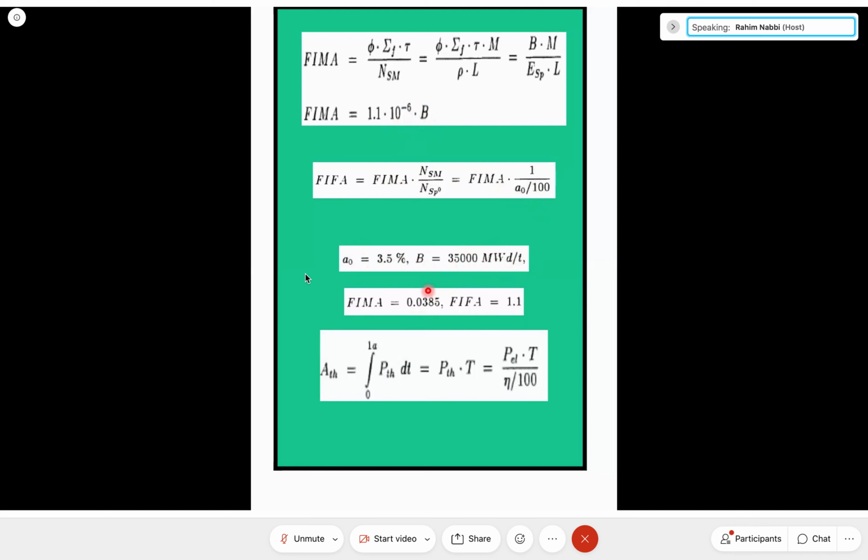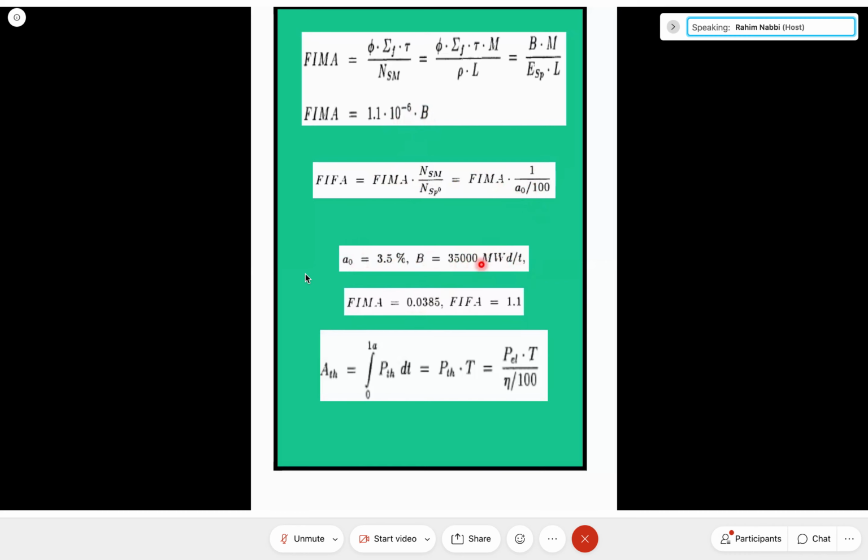So if that is the burn up in this unit, for example, if you know the reactor has 2,000 megawatts power and it has been operated for 1 year, then one has to multiply 2,000 by 1 year in days.